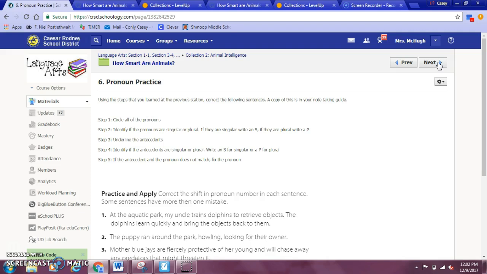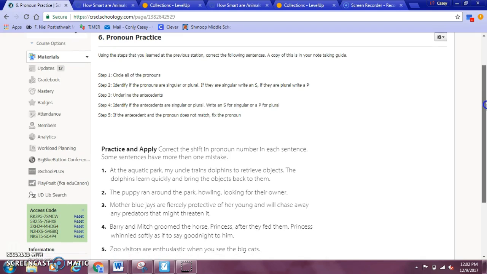The sixth station was empty for the first round of rotations so that students could meet with the teacher before going to the practice. At pronoun practice, the students were to complete 5 practice sentences that needed them to correct the shift in pronoun number.